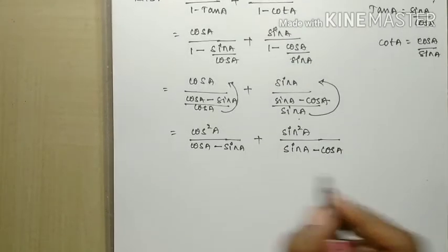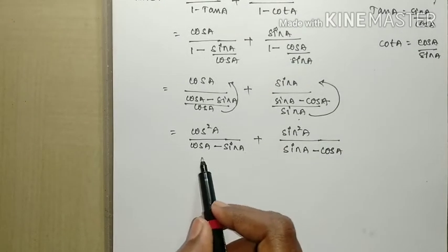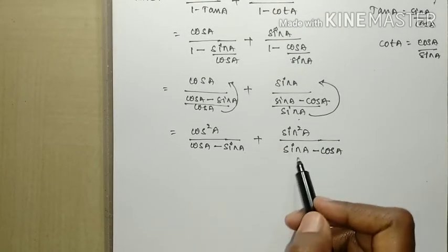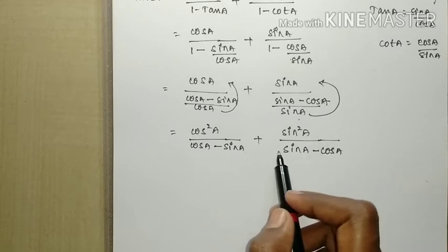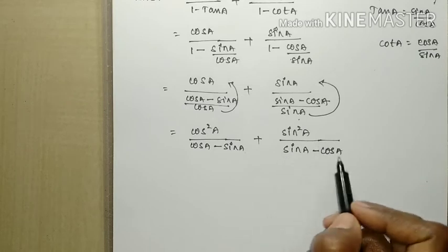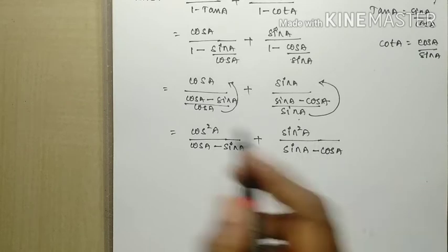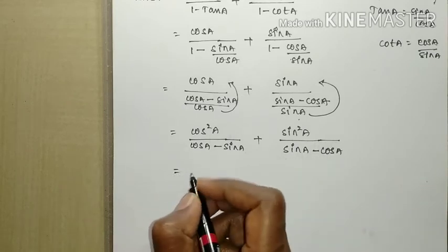Now here we have the denominator cos A minus sin A, and here sin A minus cos A. If you take minus as a common factor, this will become cos A minus sin A. So then we can take the LCM easily.